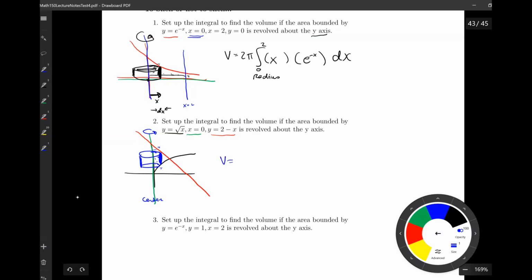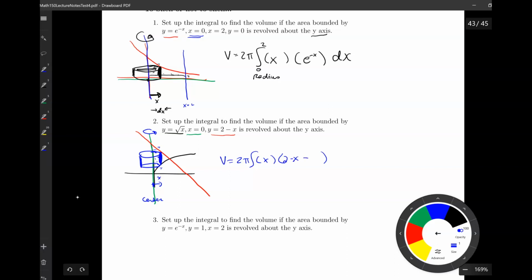So I see the volume would be 2 pi. Again, the radius will be x, because the distance from the center is x, depending on where I'm building the rectangles. The height of this rectangle will be top minus bottom. The top will be touching the red, 2 minus x.